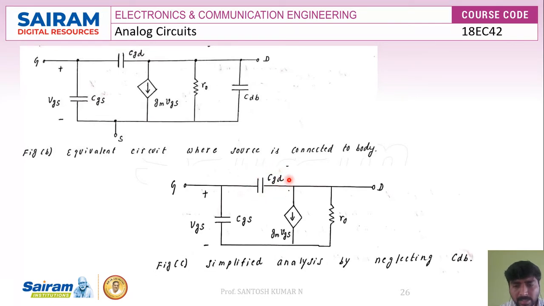We will study in the next videos how CGD, the gate to drain capacitance, plays an important role in determining the higher frequency response. Keep in mind that CGD plays a very important role. This will be the simple model we can use for manual analysis of the MOSFET amplifier.